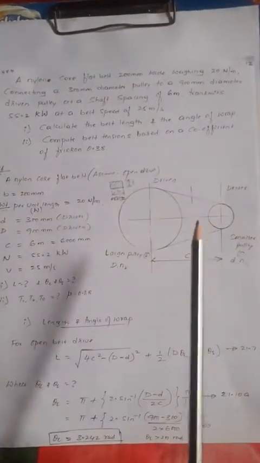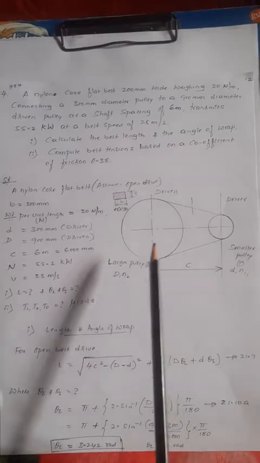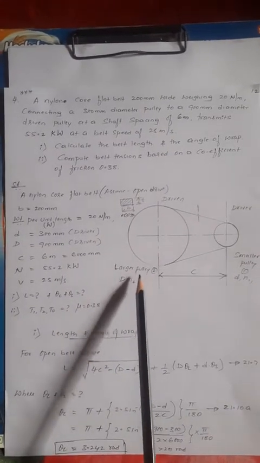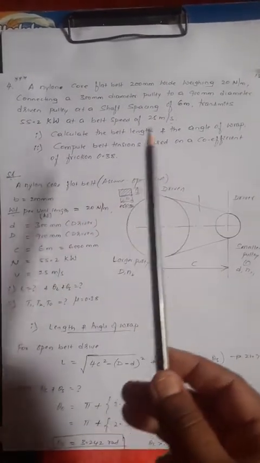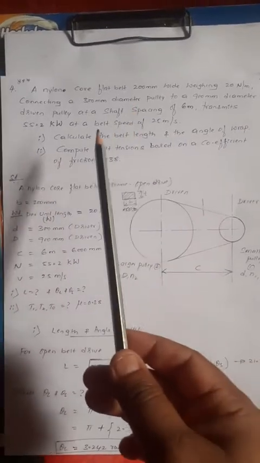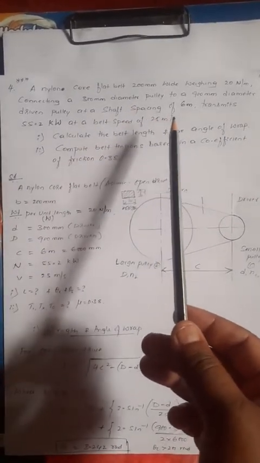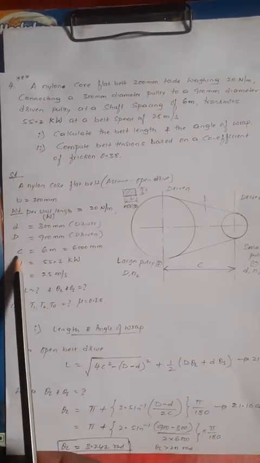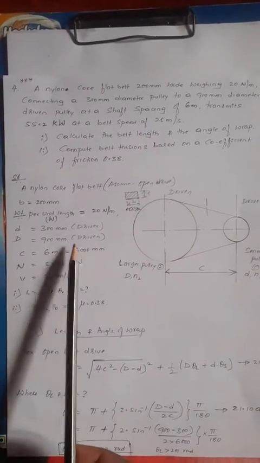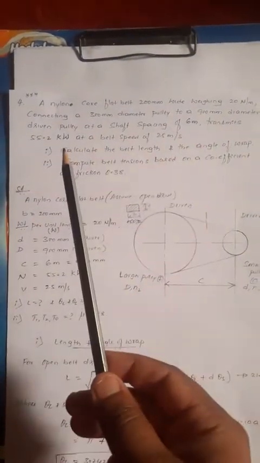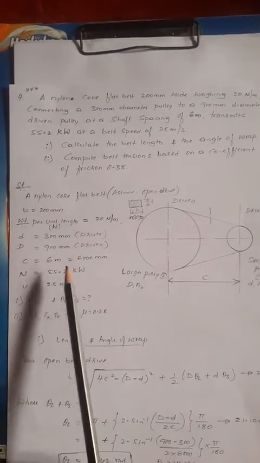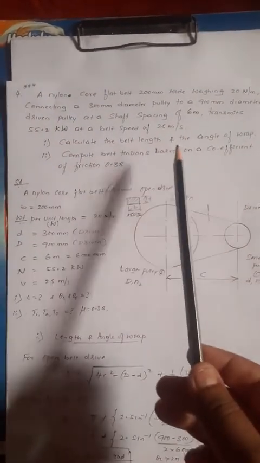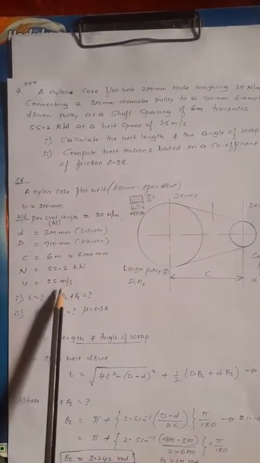The driver is the smaller pulley, the driven is the larger pulley. At a shaft spacing of 6 meter: the center distance between the shafts is 6 meter. It transmits 55.2 kilowatt, power is also given, and a belt speed of 25 meter per second is also given.